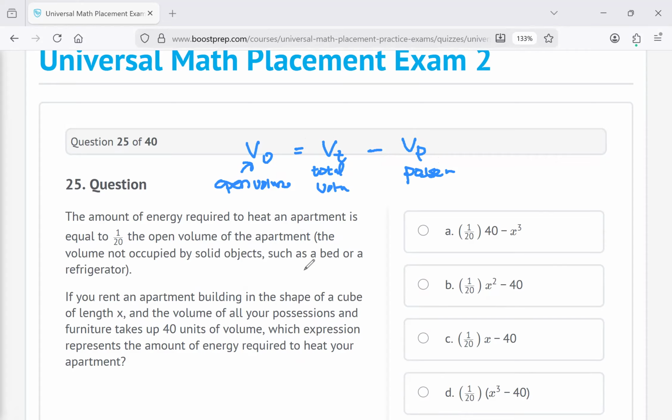So it says the energy for the apartment is equal to 1/20th of the open volume. So you're going to say 1/20 V naught equals 1/20 times VT minus VP.